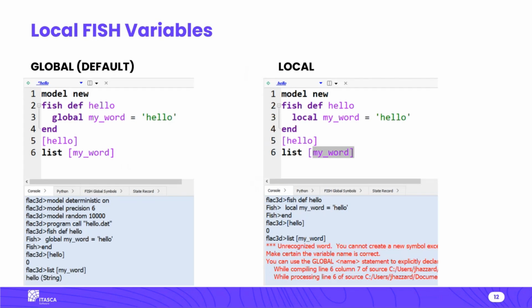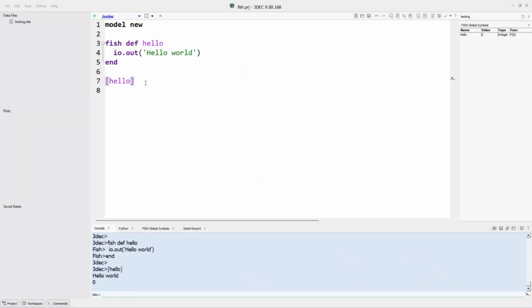Okay, it is possible to declare local fish functions. And again, instead of looking at the PowerPoint here, it'll be easier to demonstrate in the software. All right, so let's get rid of this hello world function. Let's make a new function, fish define.